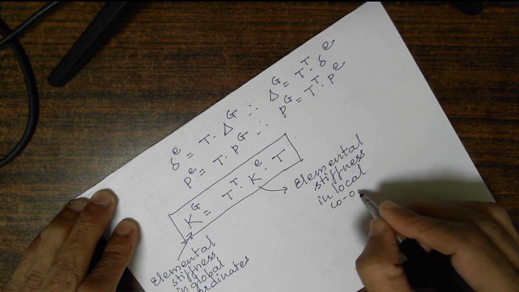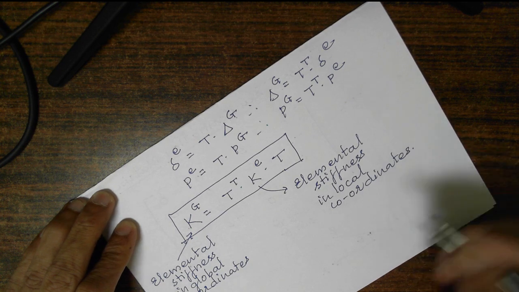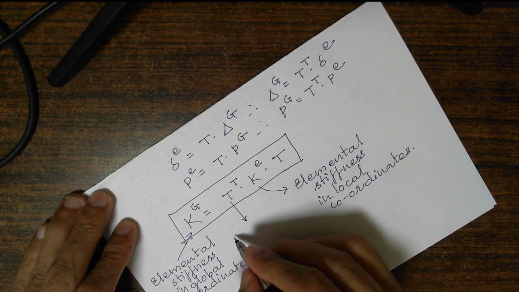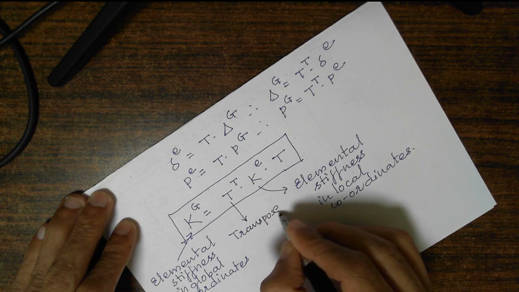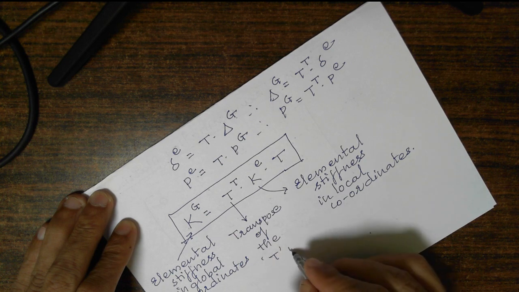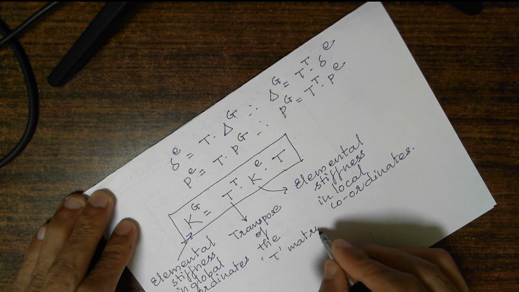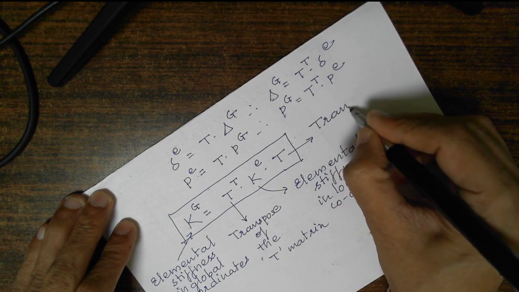We need to remember at least these 5 relationships. I know this is the transpose of the transformation matrix, T matrix, and this is T matrix itself, the transformation matrix itself.